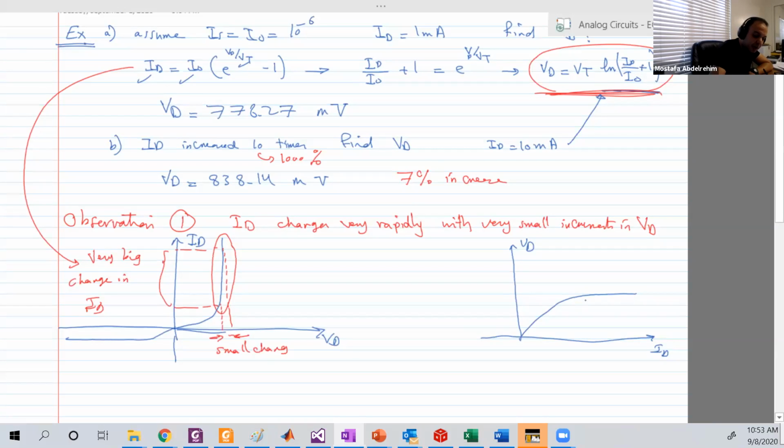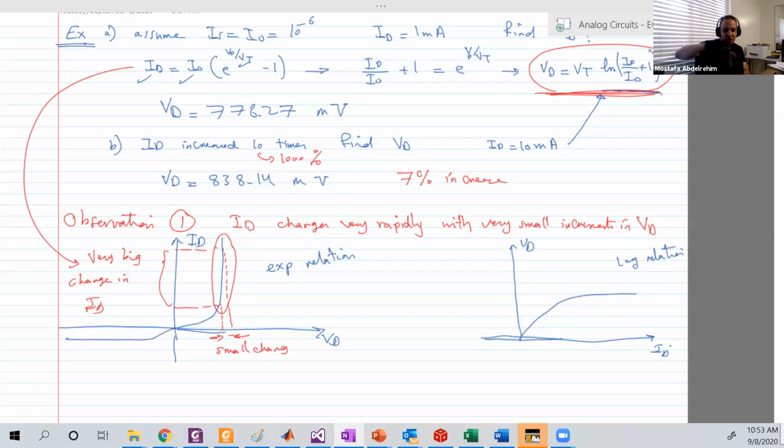You see, this is an exponential relation; this is now a logarithmic relation. After some time, VD is just saturating; it doesn't increase so much. So as we increase ID, the rate of increase of VD is decreasing. It's a little bit confusing, but if we increase ID, VD is increasing, but the rate of increase in VD is decreasing.